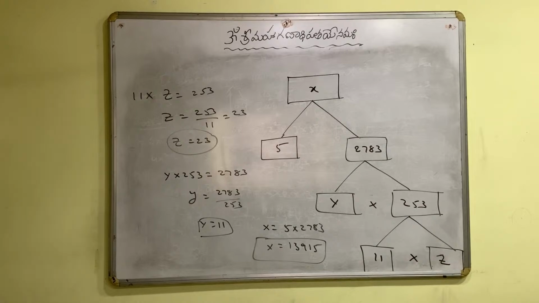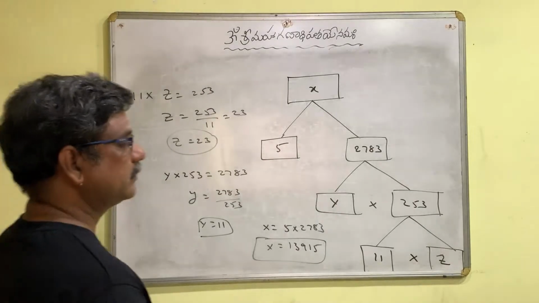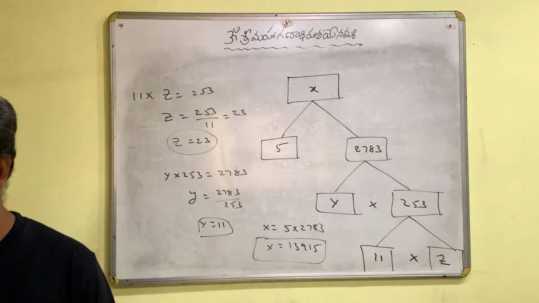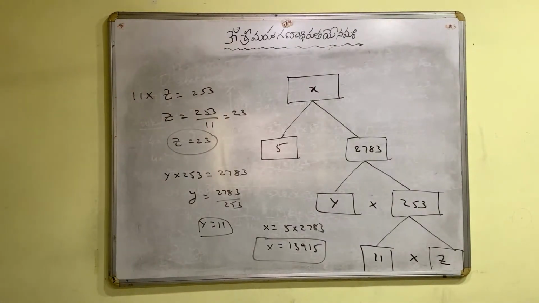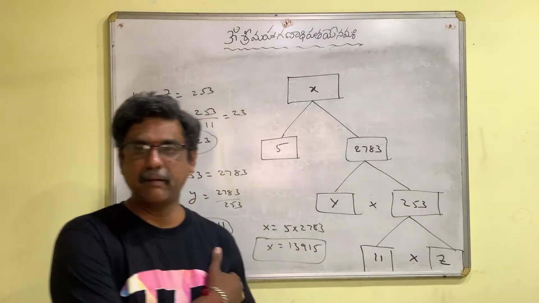Fourth question. Read the fourth question. According to the fundamental theorem of arithmetic, 13915 is a what type of number?